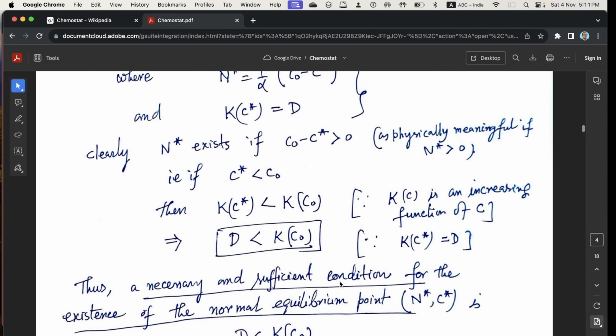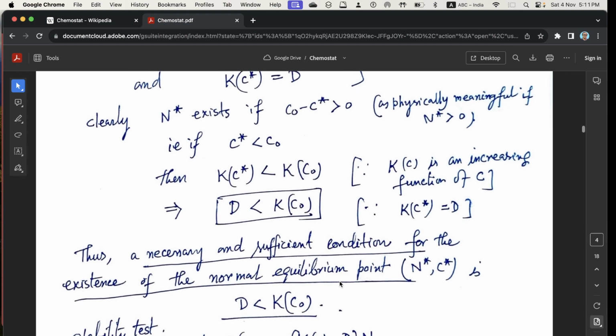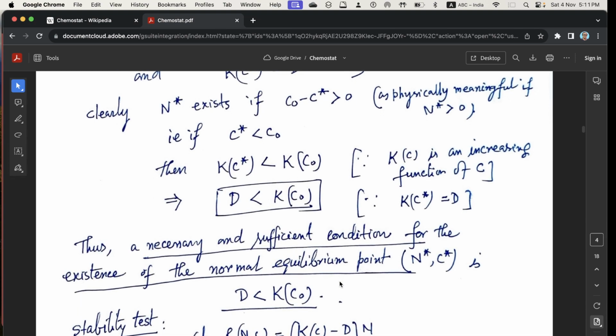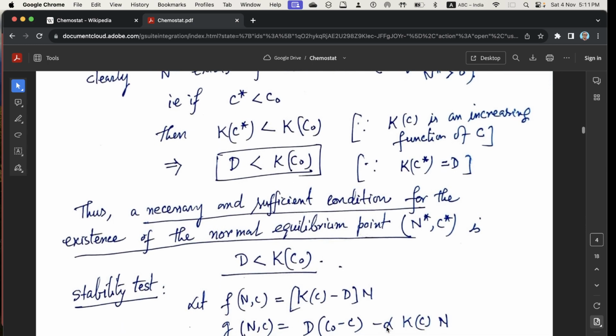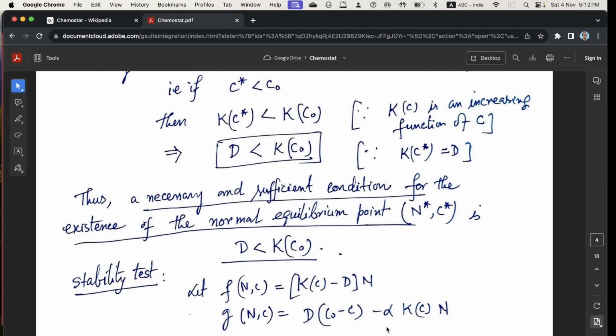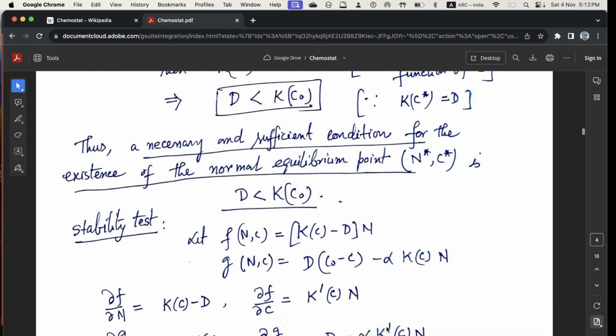Thus, a necessary and sufficient condition for existence of the normal equilibrium point in this system is that D is less than K(C0).